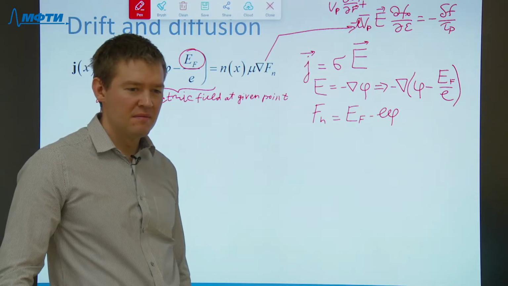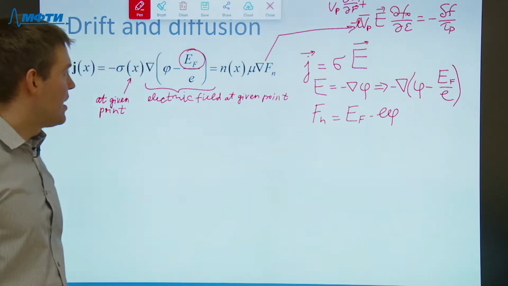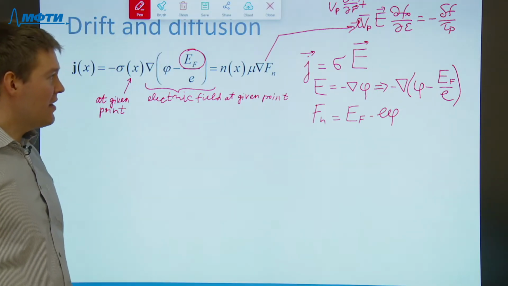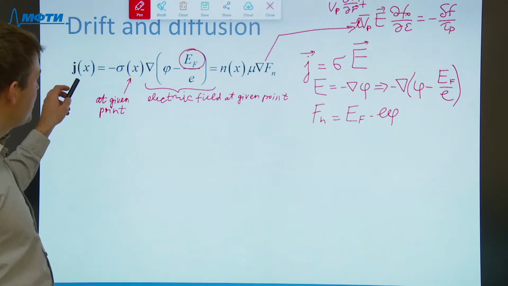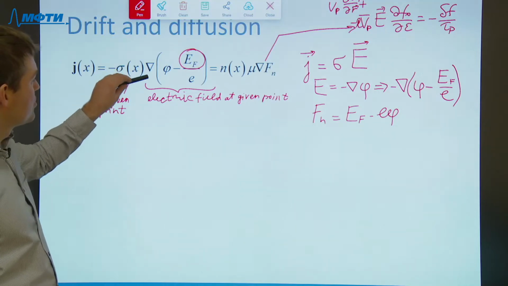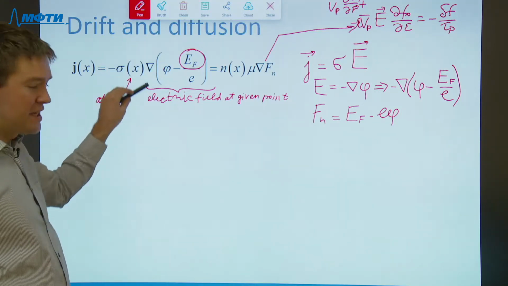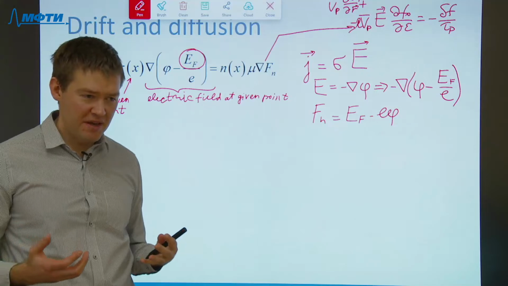Could you please repeat the question? Yes. So we have stated that the current at a given point of space is proportional to the gradient of electrochemical potential at the same point of space.